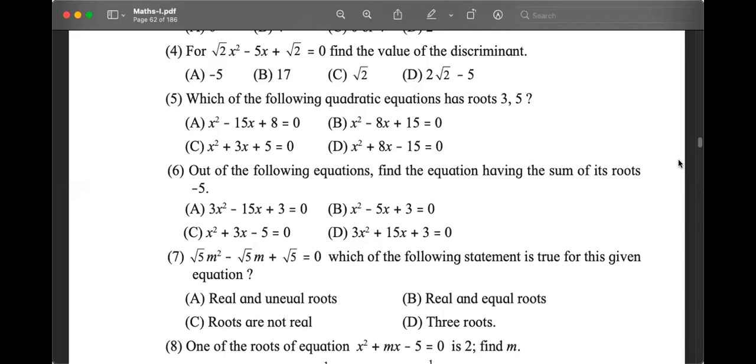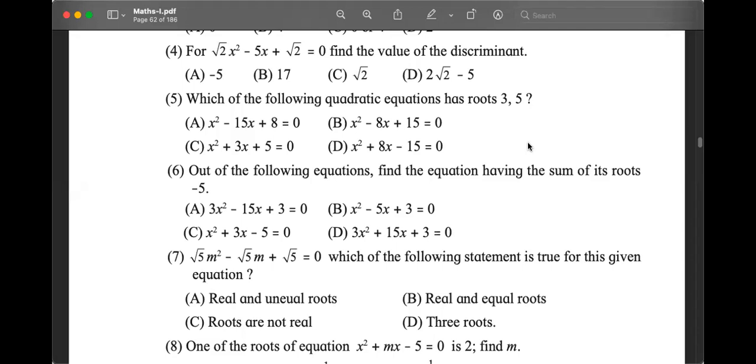Question number 1, part 5. Very interesting question, and this type of question you will get not just in the board exam but also in other competitive exams, including the scholarship exams. Which of the following quadratic equations has roots 3 and 5? So we have been given the roots, and we have been asked what the equation is.